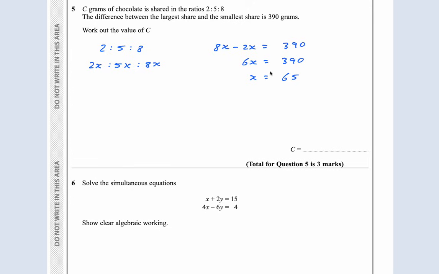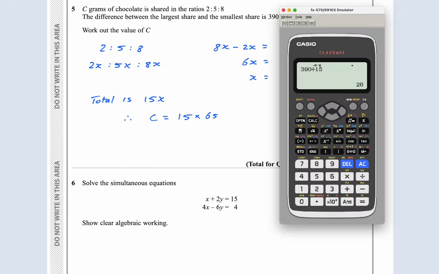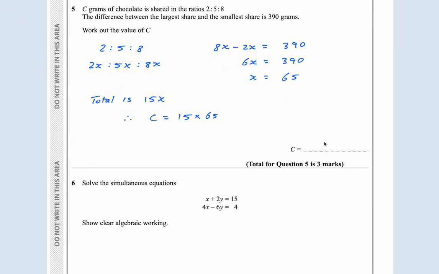That means the total is 15x. Therefore, C equals 15 times 65. 15 times 65 is 975. So C is 975.